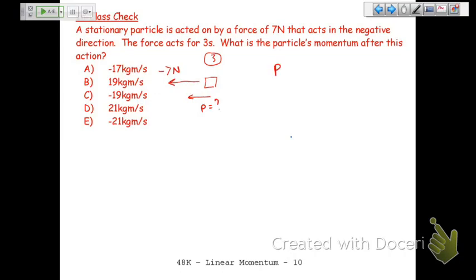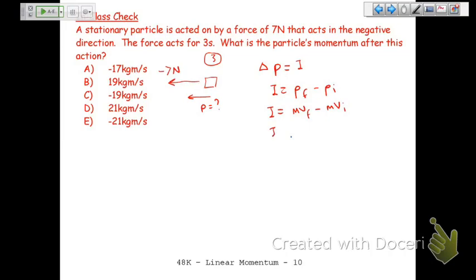What did we say? I is equal to dP. So I is equal to P final minus P initial. I is equal to MV final minus MV initial. I'm actually trying to find P final, so I can leave that as a P final, but I might need the MV for the first bit, or maybe not.